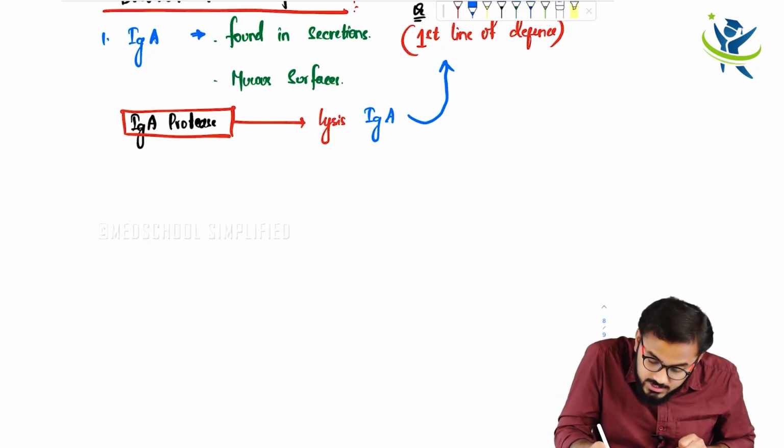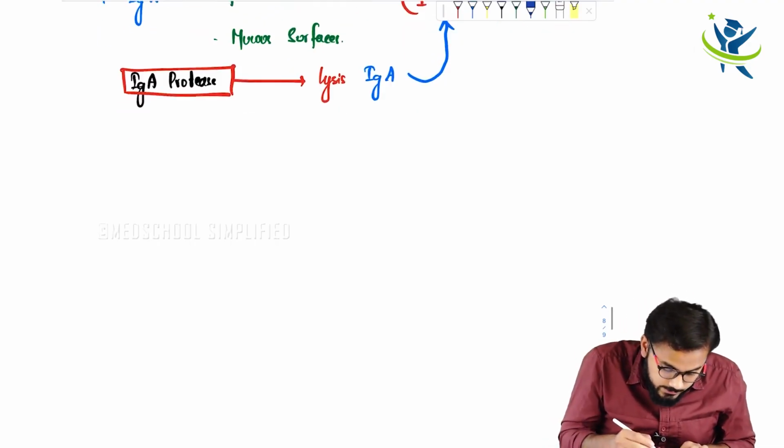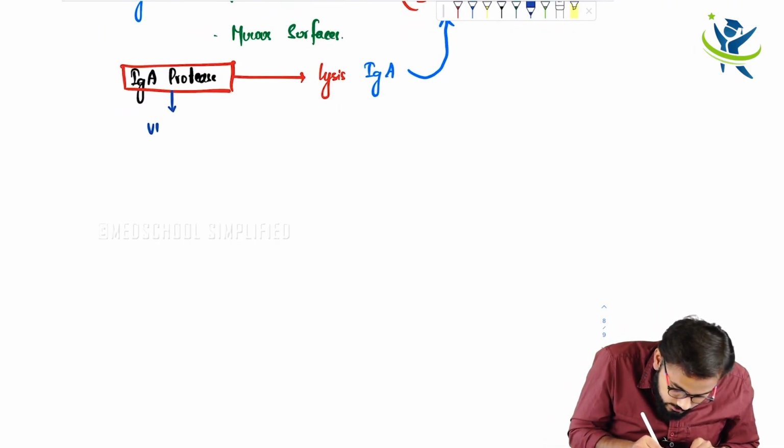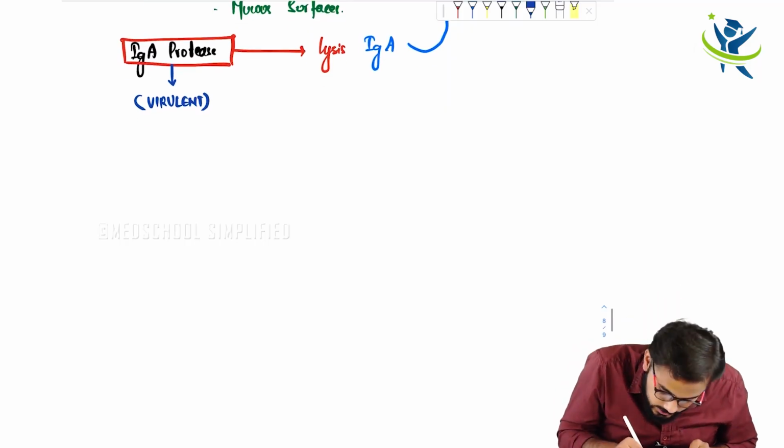What are the bacteria which release this IgA protease? This one is virulent.